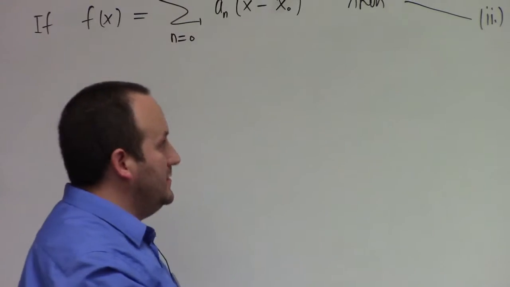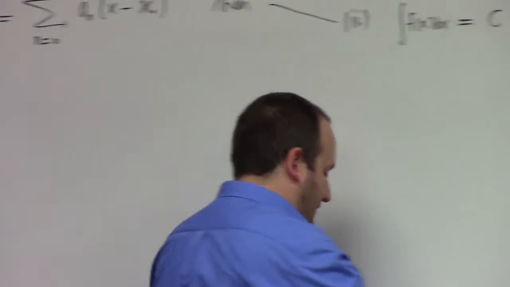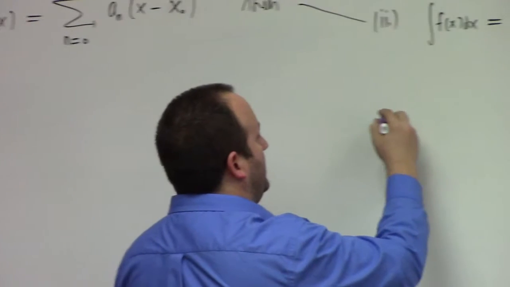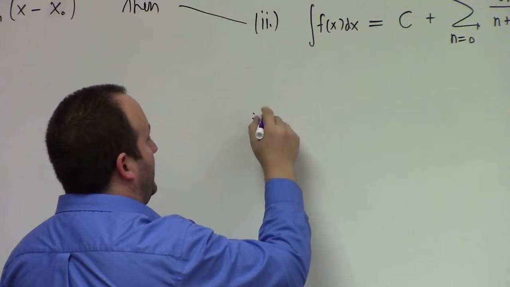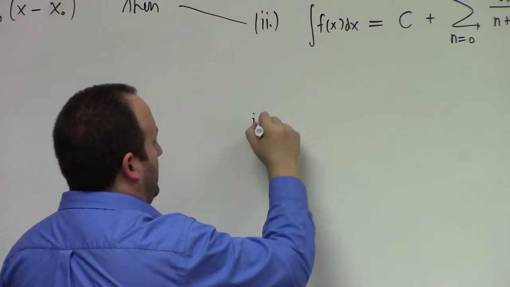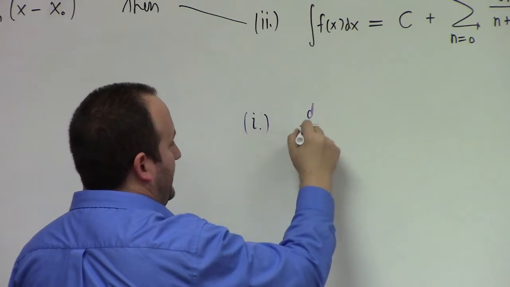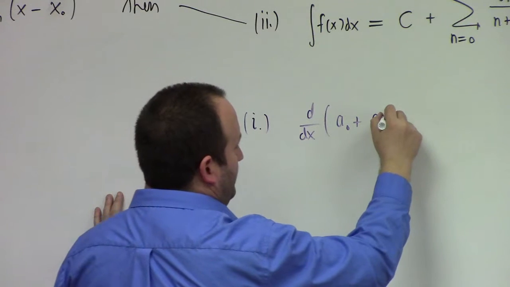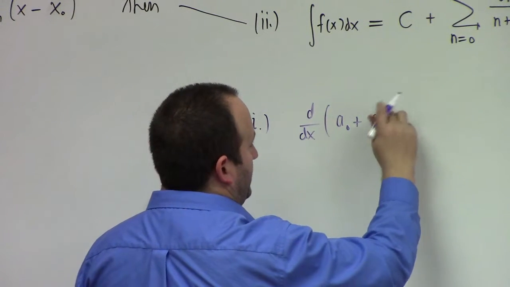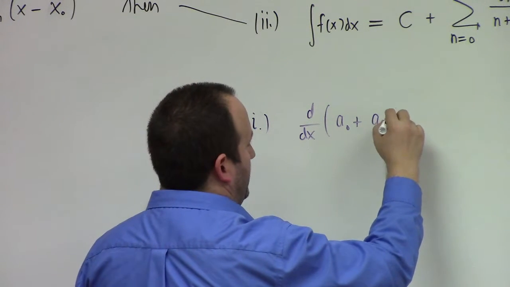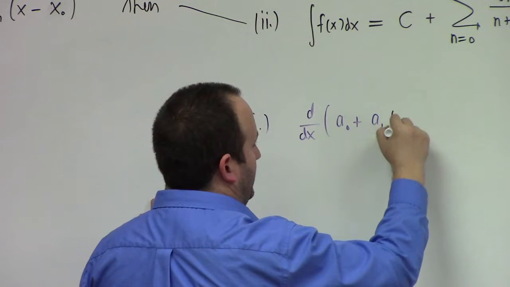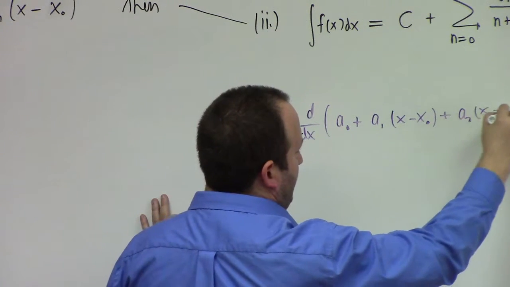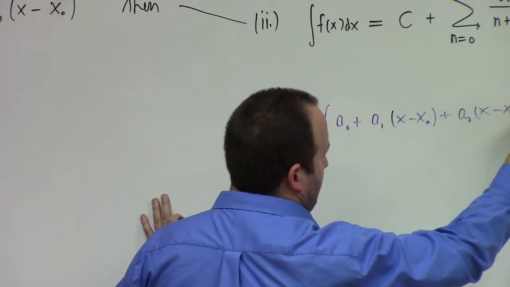Now, let me just express 1 and 2 in the sort of more abbreviated fashion. So 1 is saying that if you differentiate, say, a0 plus a1 times x minus x naught plus a2 times x minus x naught squared plus and so on, right?